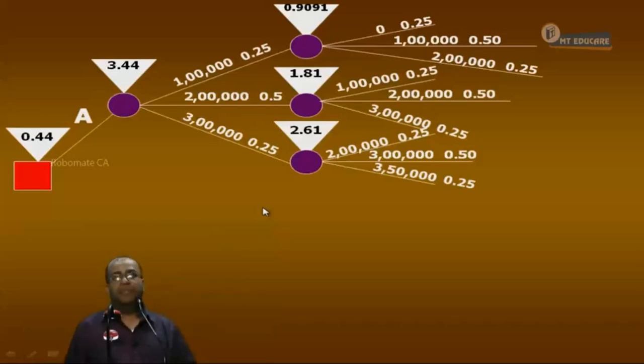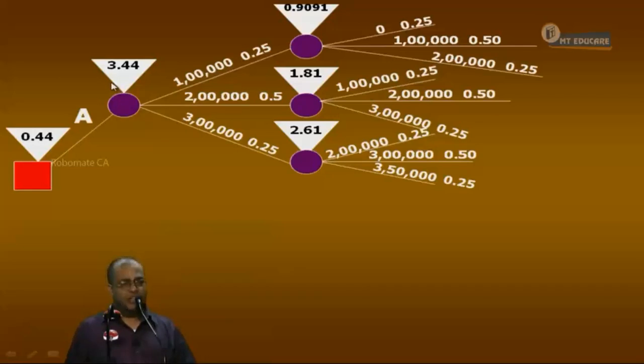Now, expected discounted inflow is equal to, tell me the number, 3,44,000.